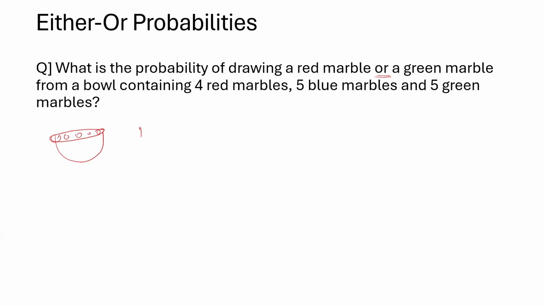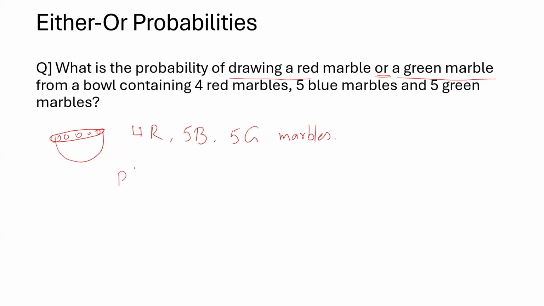Where you have 4 red, 5 blue, and 5 green marbles. And now what is happening? What is the probability of drawing a red marble or a green marble?